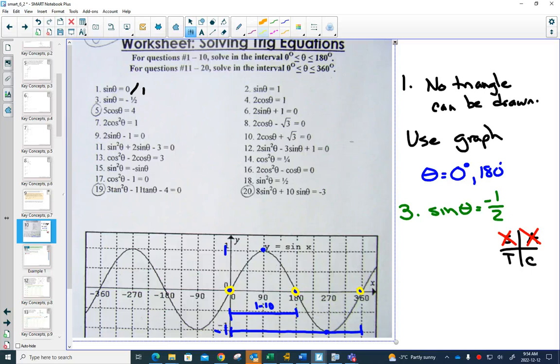And so what I want you to do to show your work for question 3 is draw an angle in quadrant 3 and draw an angle in quadrant 4. And in both of these, label your reference angle and label the angle in standard position.